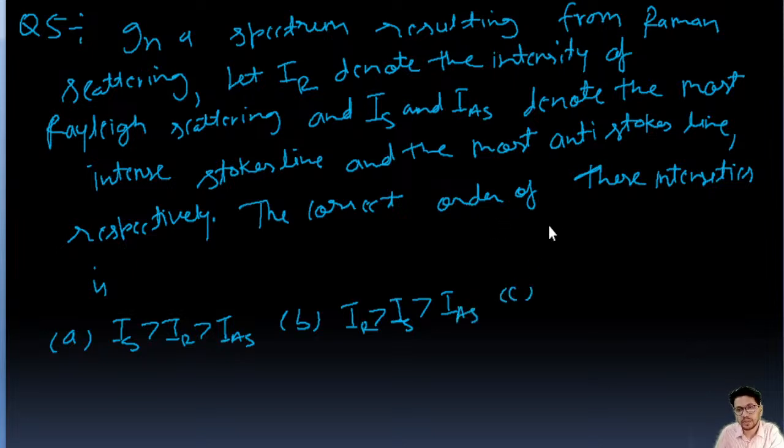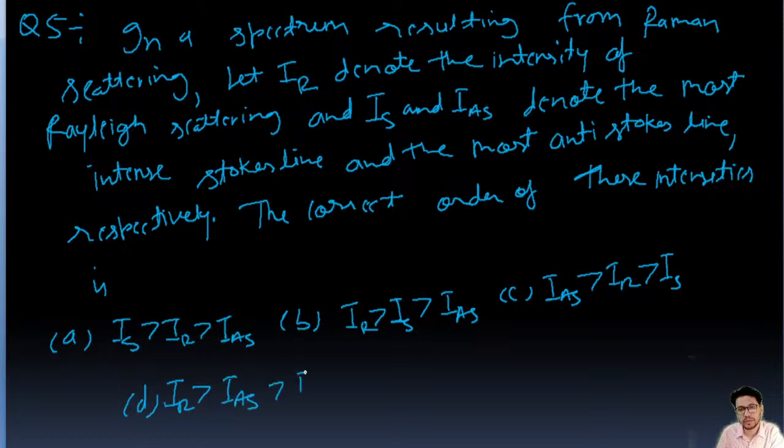Option C is IAS greater equal to IR greater equal to IS. Option D is IR greater equal to IAS greater equal to IS. Okay.